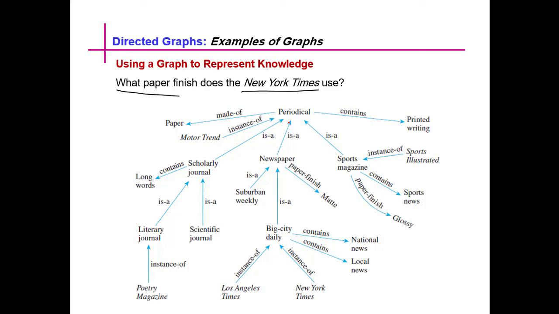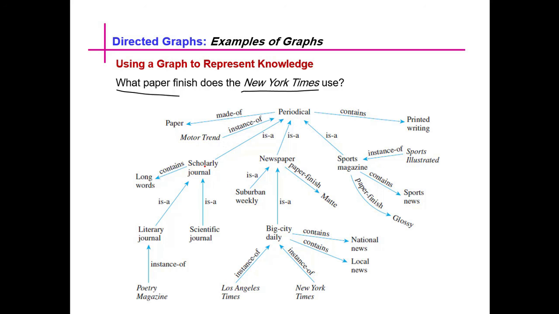So we see here some periodicals, printed writing, Sports Illustrated and Sports Magazine, Sports News, Glossy and Newspaper and Suburban Weekly. And here we can see that periodical is made of paper and Motor Trend is an instance of periodical.